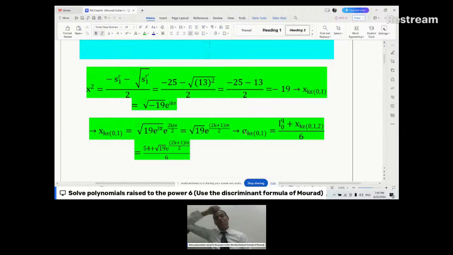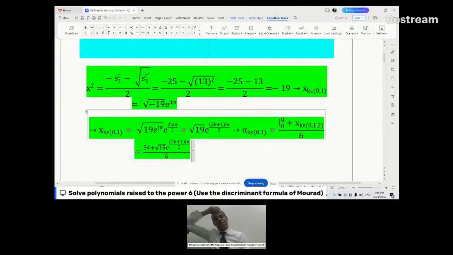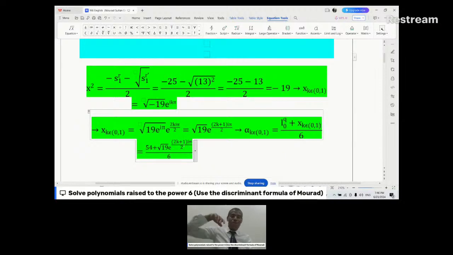Therefore the roots, which I label alpha subscript k, k belongs to 0, 1, equal 54 plus x_k, k belongs to 0, 1, divided by 6. It will be 54 plus root of 19 exponential (2k plus 1) over 2 i pi, all divided by 6. So these are the roots of your new polynomial.